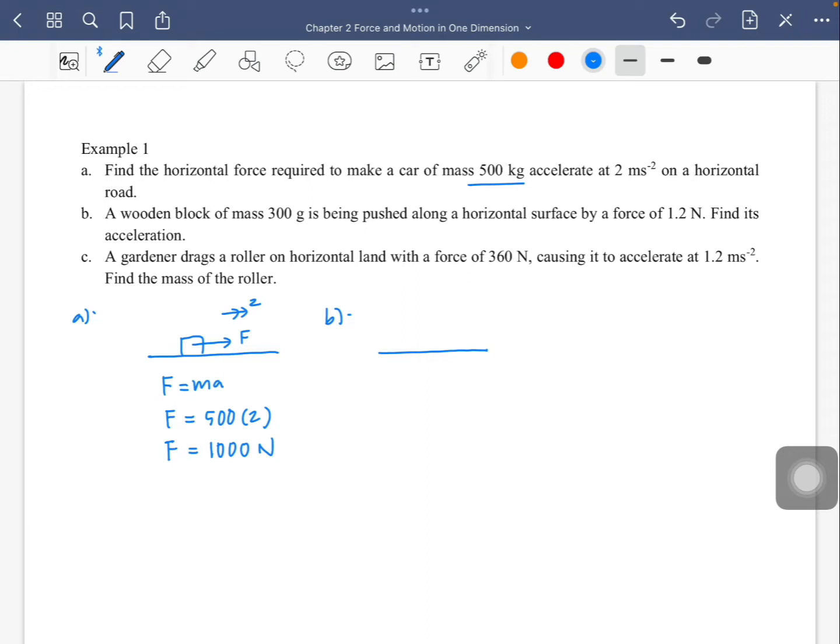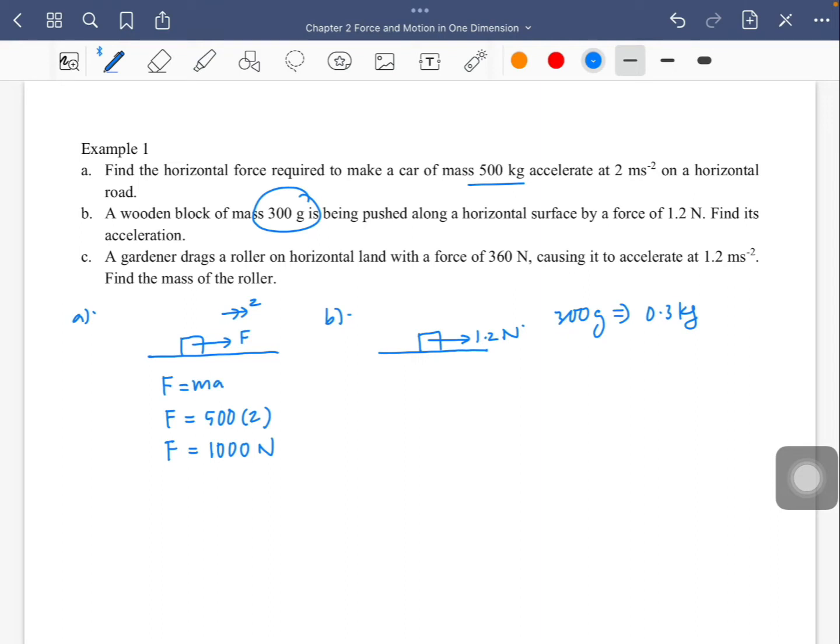So we have a wooden block on a horizontal surface, and the mass given here is 300 gram. Be careful, the mass given here is in gram, so make sure we convert gram into kilogram. So we're going to get 0.3 kilogram. And the force applied to the object is 1.2 Newton. We are required to find its acceleration.